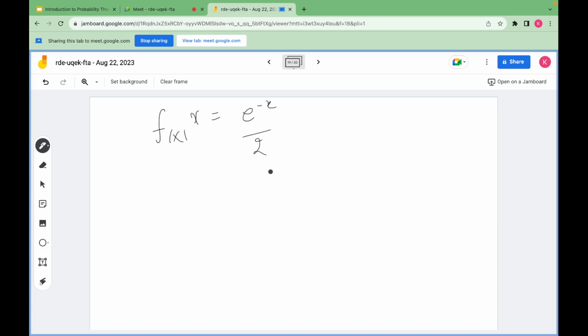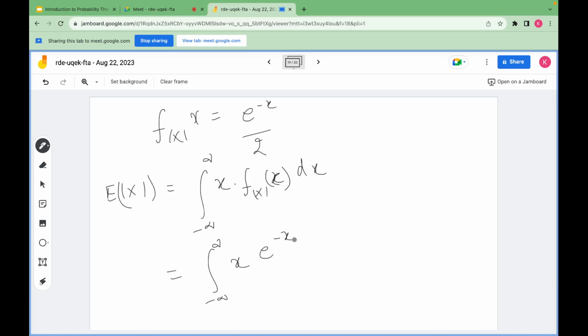Okay. So now this expectation for mod x is nothing but the integral of mod x into its density from minus infinity to infinity, dx. So this is x e to the power minus x by 2, or this is d of mod x, right?